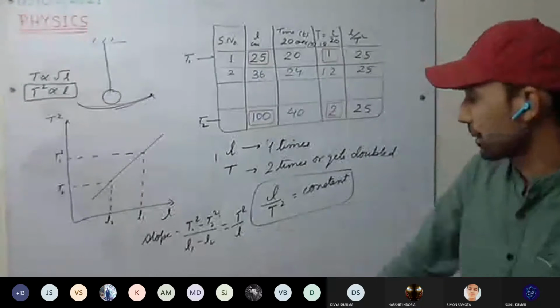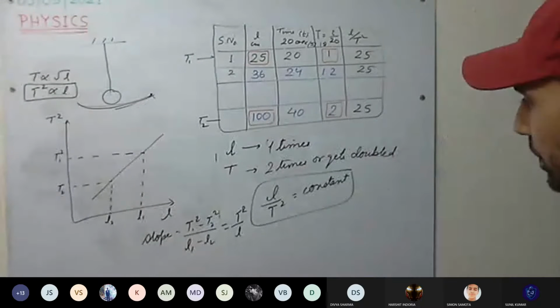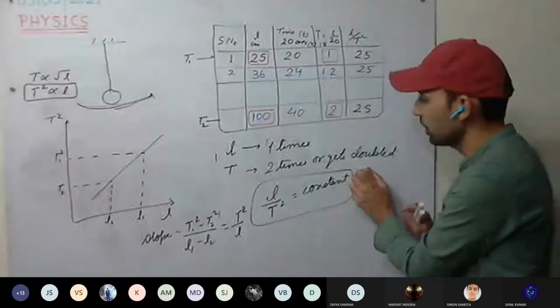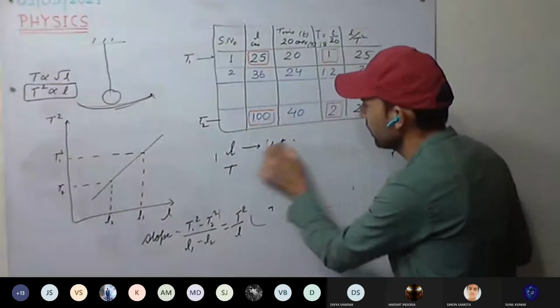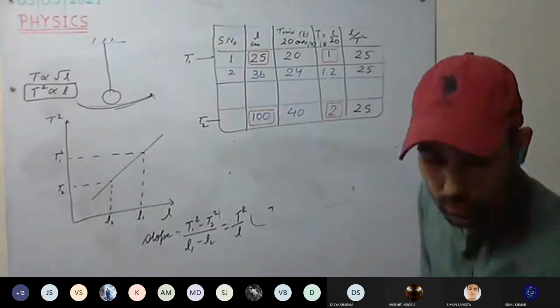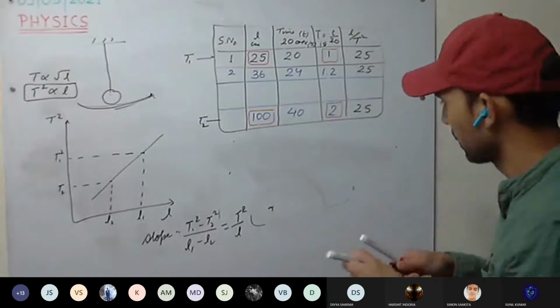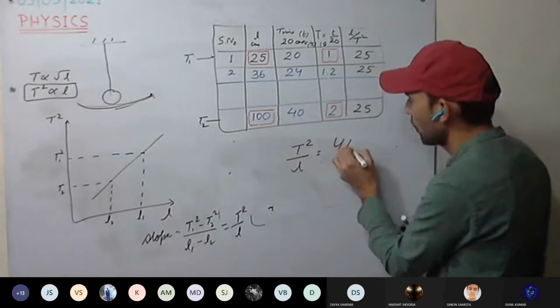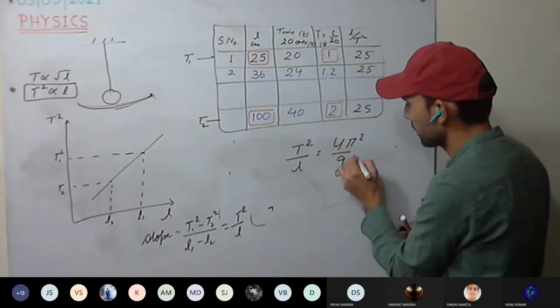Understood the slope? And this slope equals T square upon L equal to 4 pi square upon g.